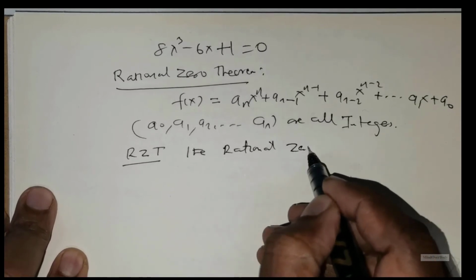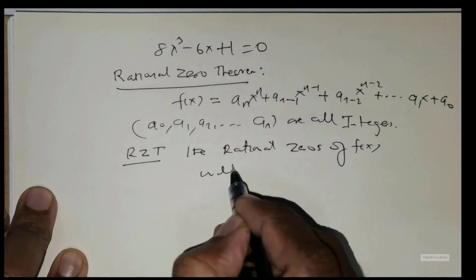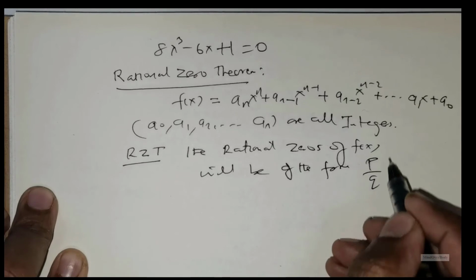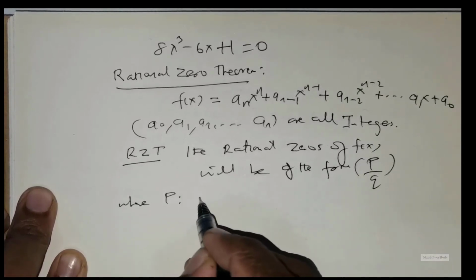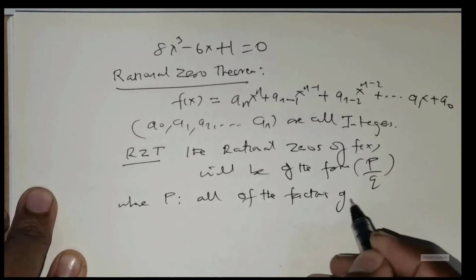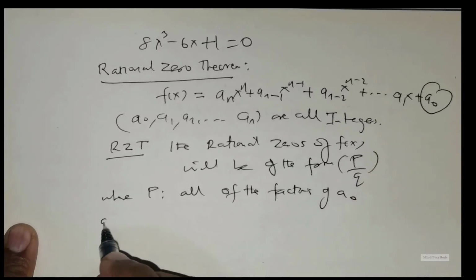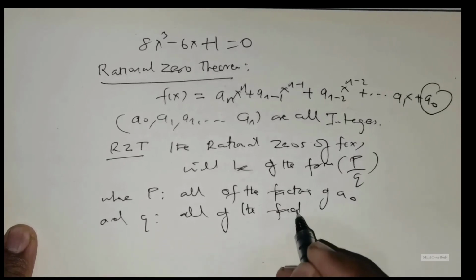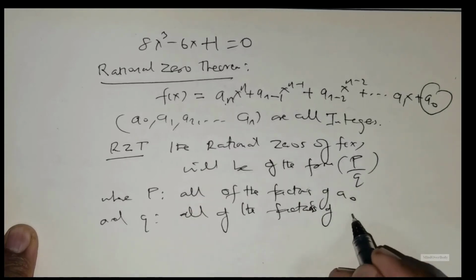Then according to the rational zero theorem, the rational zeros of f of x will be of the form p divided by q, where p is all of the factors of a0, and q is all of the factors of an.